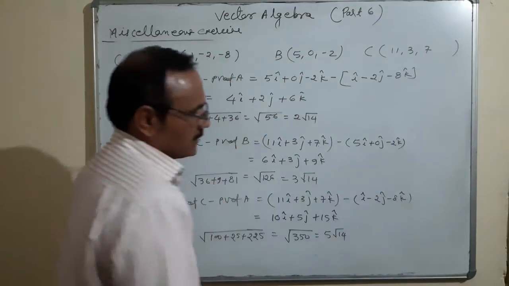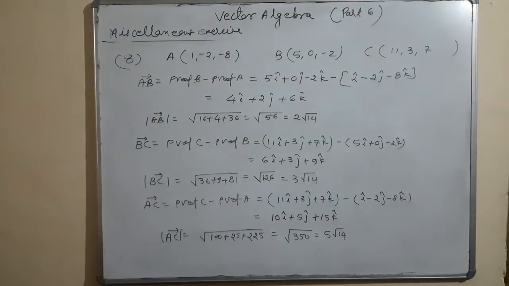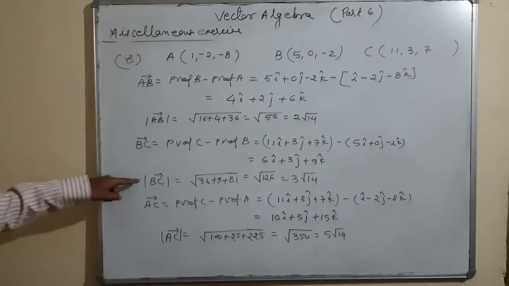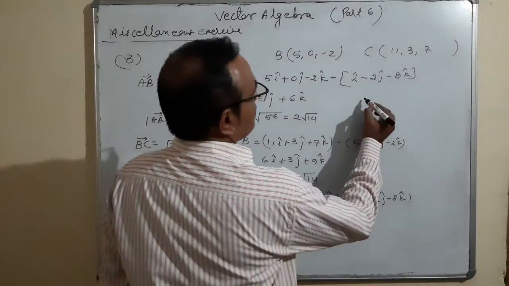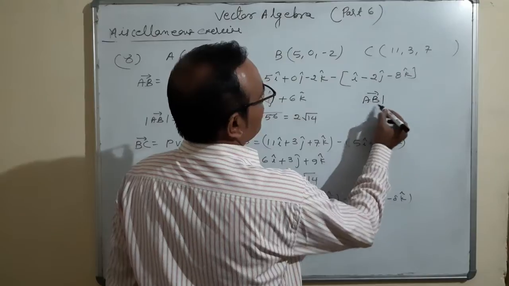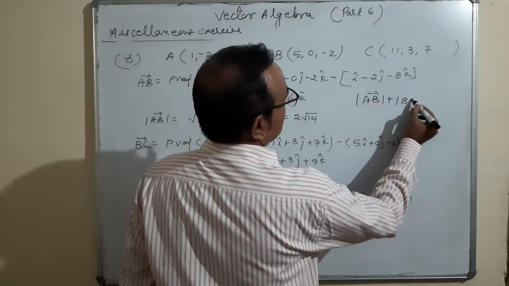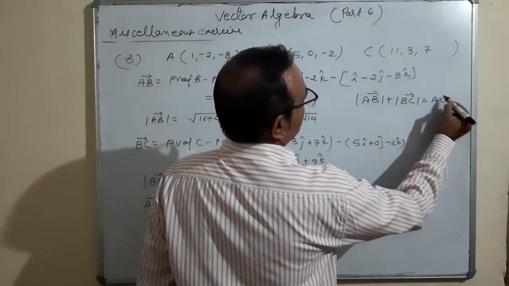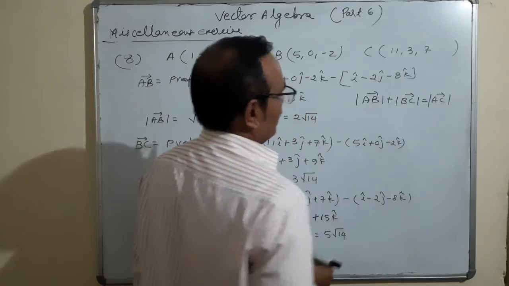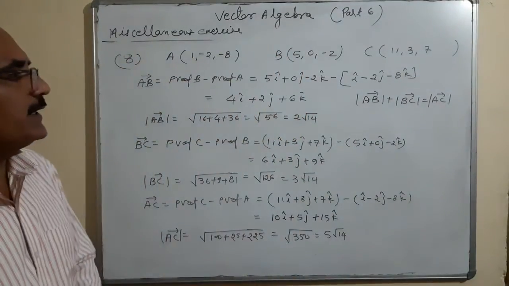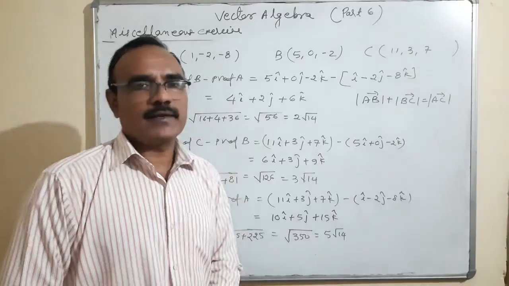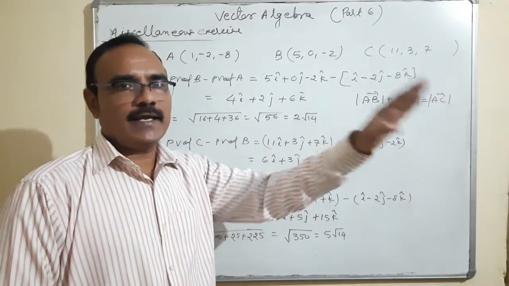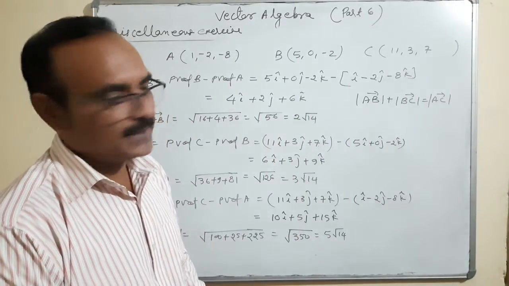So which type of picture are we seeing from here? We are seeing that AB plus BC is equal to AC. That means the point B is coming in the middle, and the last point is C. Is it okay?